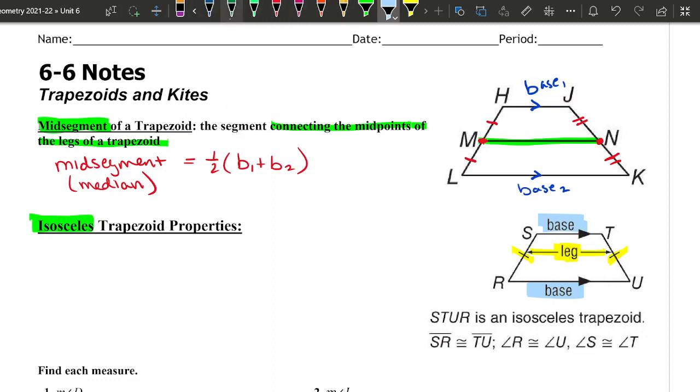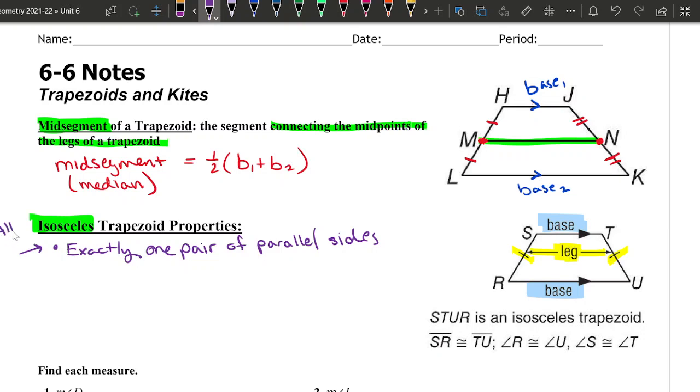And then for all trapezoids, there is exactly one pair of parallel sides. All right, so that is for all trapezoids.